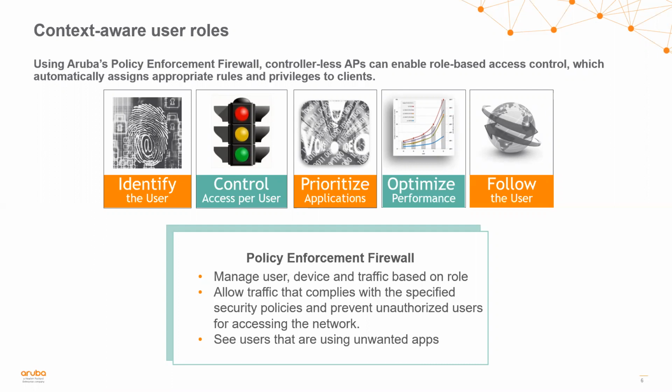We can prioritize the traffic based on the applications, then optimize performance using our quality of service rules, and we can follow end to end everything that a user might be doing. Now, you don't by any means have to set up any of these when you're setting up an Instant access point, but these are pretty powerful features when you consider usually you need some kind of backend firewall or a controller just to put this kind of thing into use.